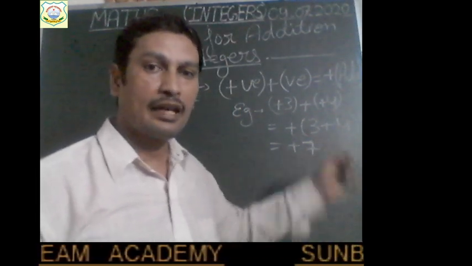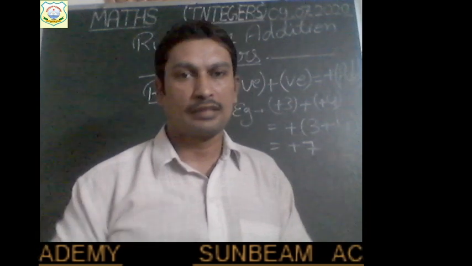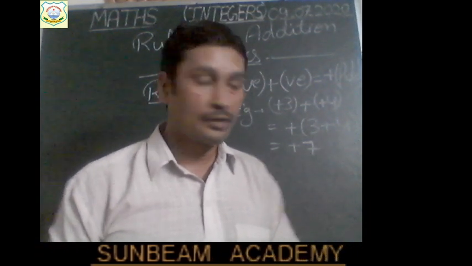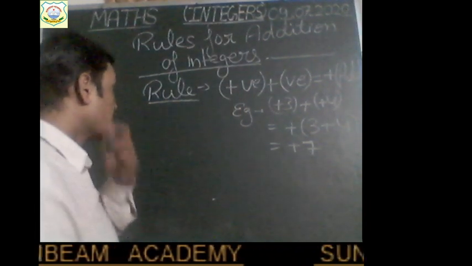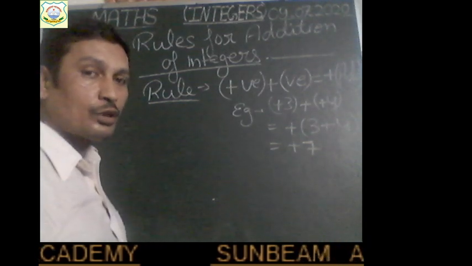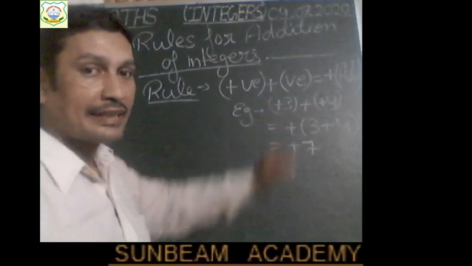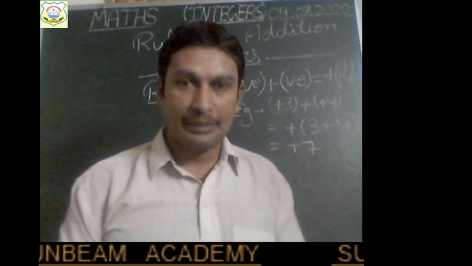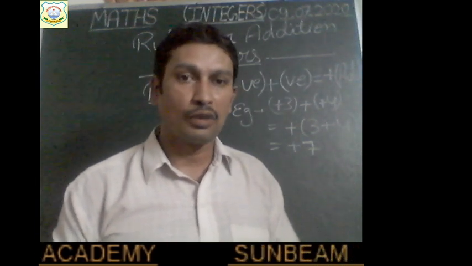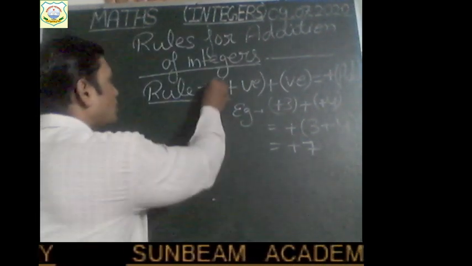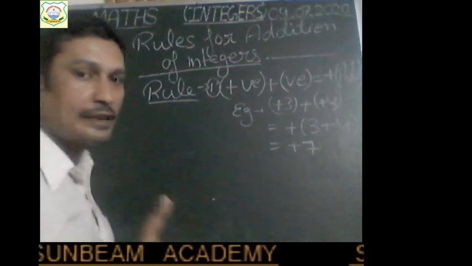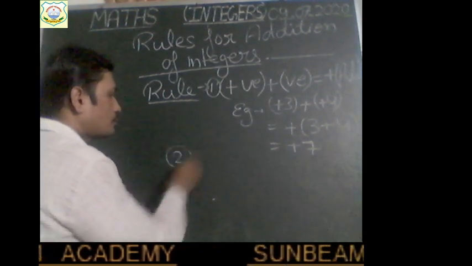They will be added and you will put a plus sign. Right, children? This is the first rule. So if both the integers are negative, if we have to add two negative integers, then what is the rule? So this is rule number 1, right? Rule number 2.